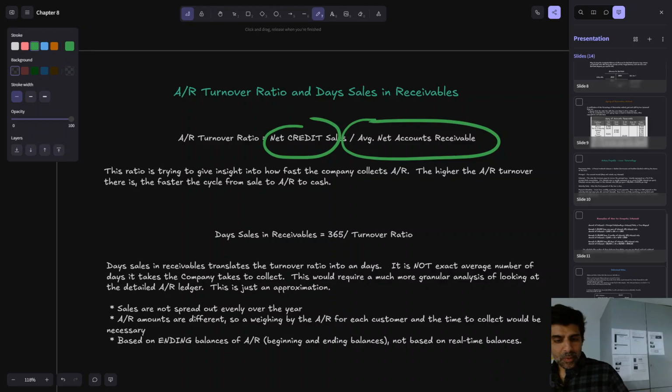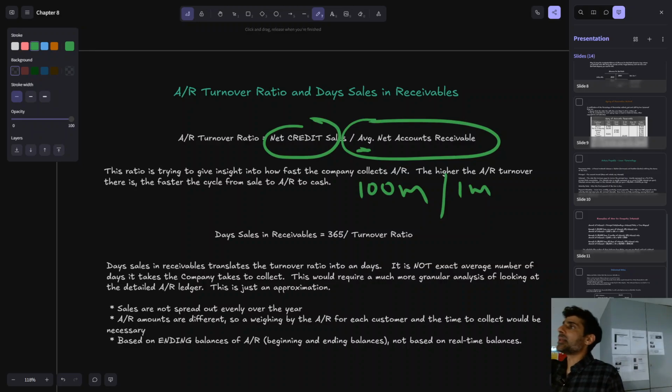Okay, so for this average net accounts receivable, you take your beginning accounts receivable balance and your ending balance, find the average, and compare that to your total credit sales. So let's say you had $100 million in credit sales and you have, whatever, $1 million in average accounts receivable.